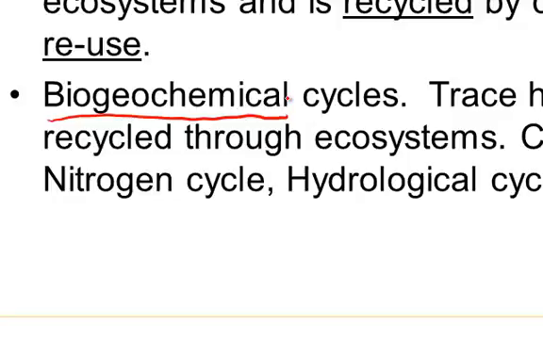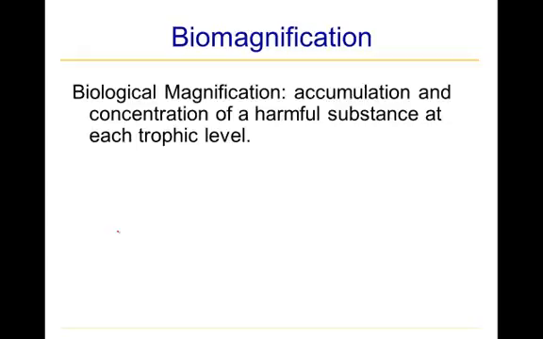We have one last topic that we want to address before we end this module, and that is the topic of biomagnification. Biomagnification is defined as the increased accumulation and concentration of a harmful substance at each successive trophic level.